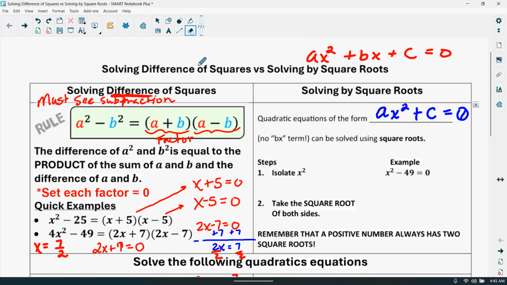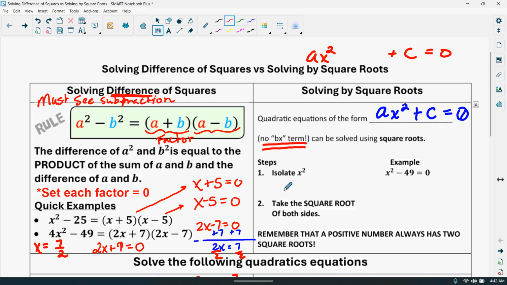So the way we can take the square root is if this middle term is gone, and then we can solve it. It says it right here: we use this when there's no bx term, no middle term.